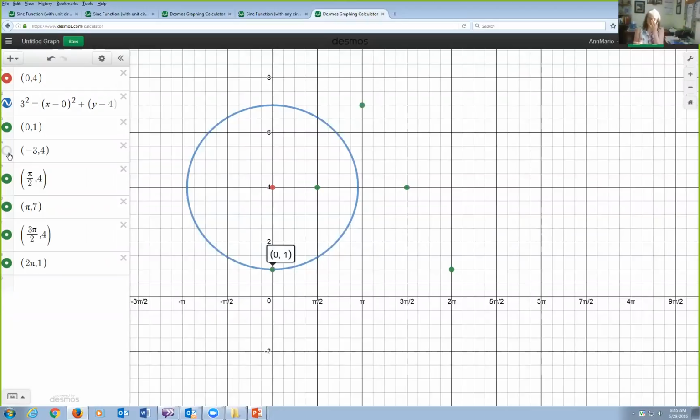We also know how to do reflections. We can turn things upside down with a negative 1, right? Let's try a sine function and see what it looks like.